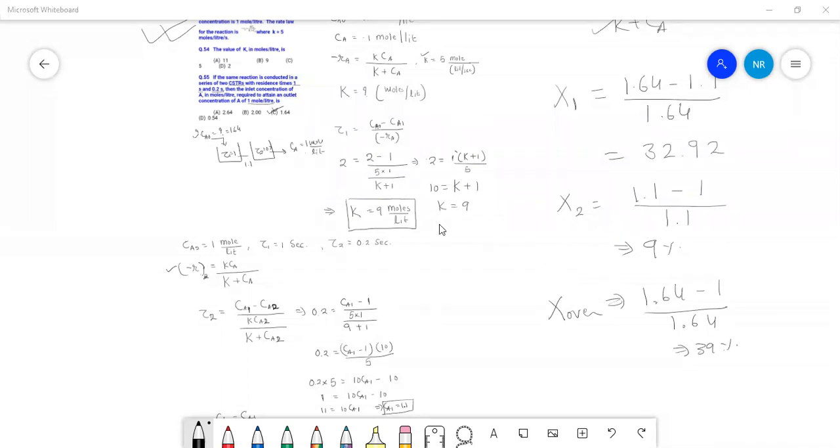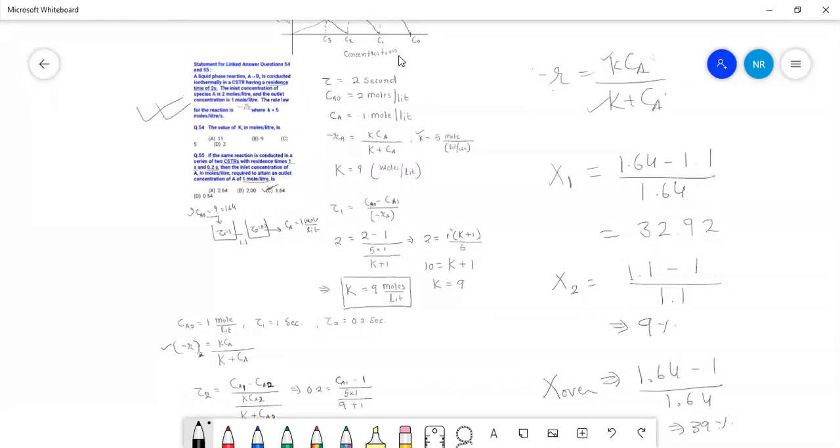So we can calculate both conversion as well as concentration. If you have any doubt up to this point, or don't understand this concept, you can write it in the chat box. This is the example that was asked in GATE.